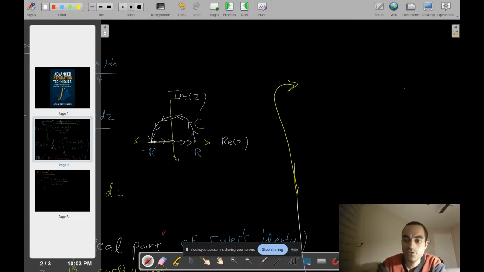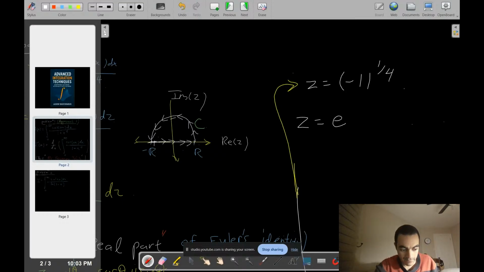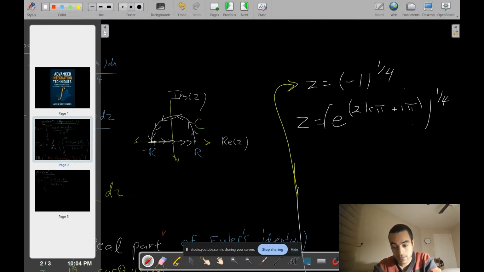Okay, so z is equal to, remember, z was equal to -1 to the 1/4. But since z is also equal to e to the i theta, I can say that z is equal to e to the 2k pi plus i pi, all to the 1/4 power. 2k pi is always added to the i pi.